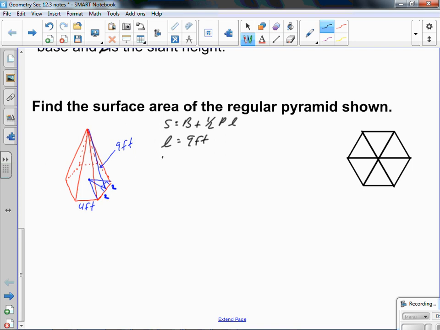Perimeter is pretty easy to figure out. It's a regular hexagon base. So it shows that each side is 4 feet. So 6 times 4 will be 24 feet.